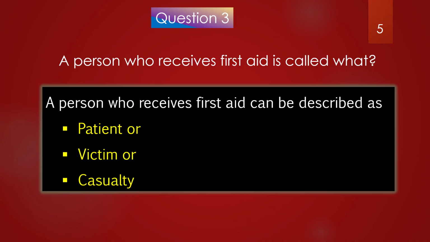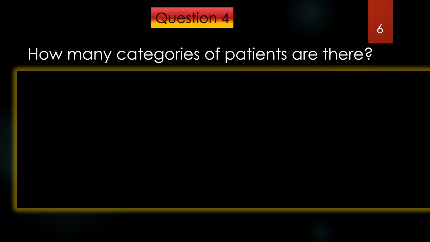Those are the three terms you can use synonymously, interchangeably, to describe a person you are helping during emergency scene management. When you manage that emergency, the person you are helping is called patient, victim, or casualty.